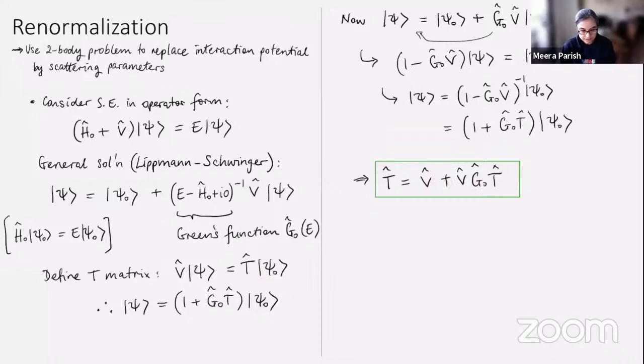The reason is that the final piece here is that this T matrix is directly related to the scattering amplitude that we derived before.